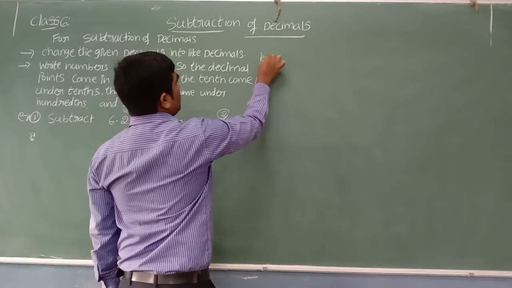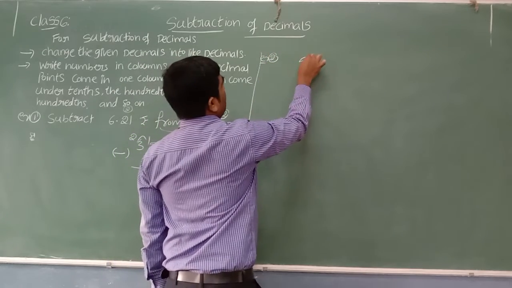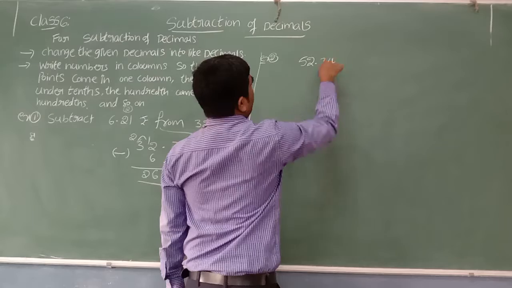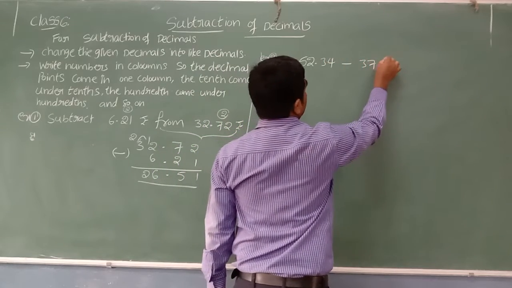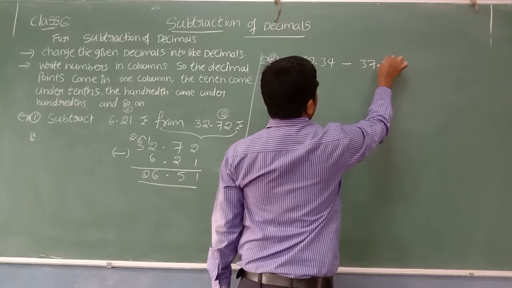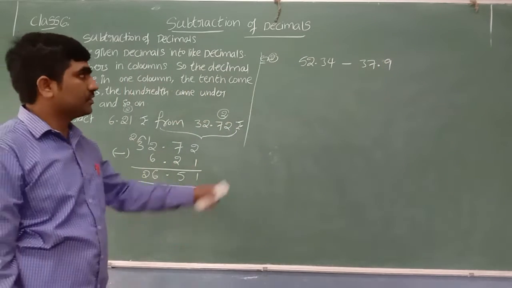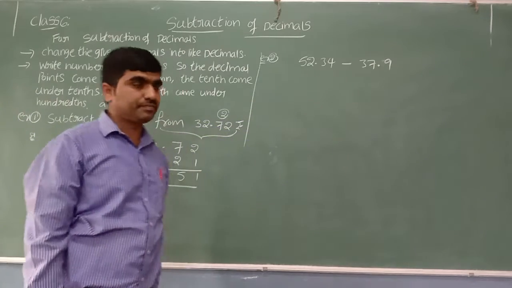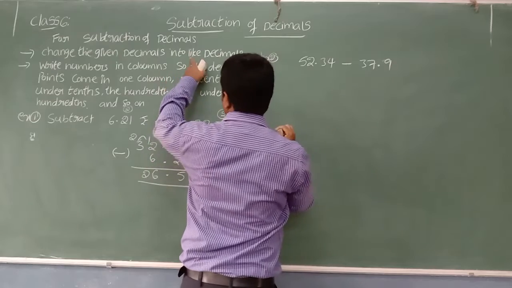You can see one more example here. 52.34 minus 37.9. You can take 37.9. So these two we need to subtract. Before subtracting, first we need to check whether both are like decimals or not.